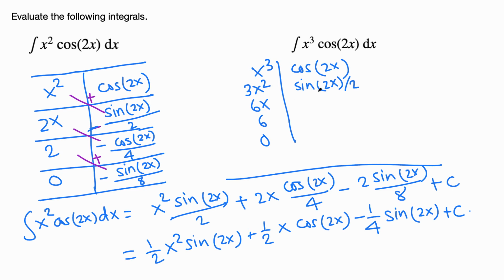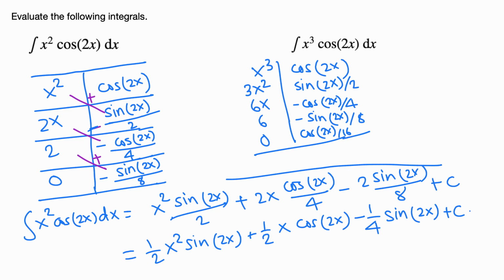The antiderivative of sine is negative cosine 2x over 2 times 2, 4. The antiderivative of cosine is sine, and this negative is there, so sine 2x over 8. For the last, the antiderivative of sine is negative cosine, and that negative means plus, cosine 2x over 16.